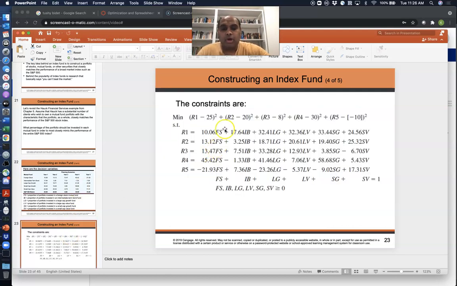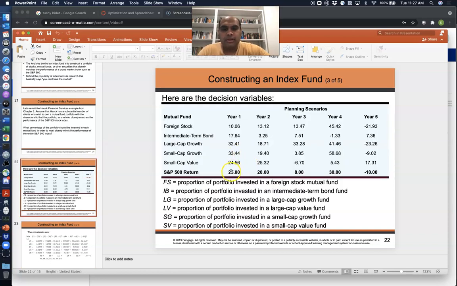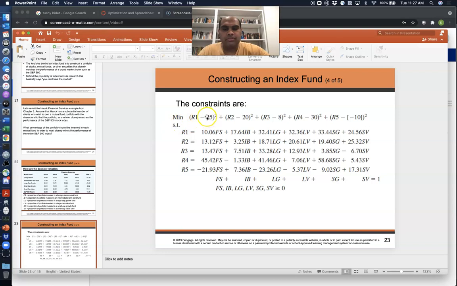So the objective is to minimize the difference between the return and the corresponding S&P index. What you're basically saying is that I want my portfolio percentages to be such that I mimic what's happening in the stock market, and what is the best I can do.